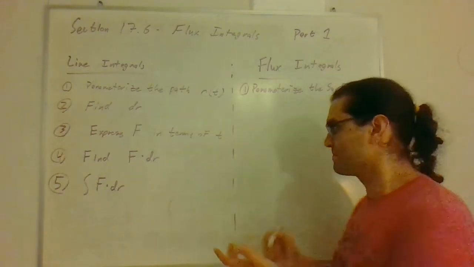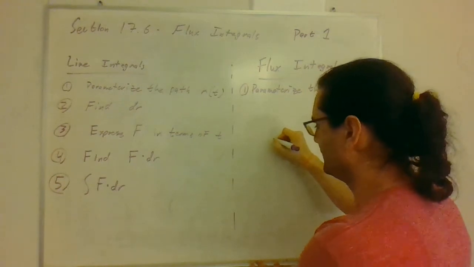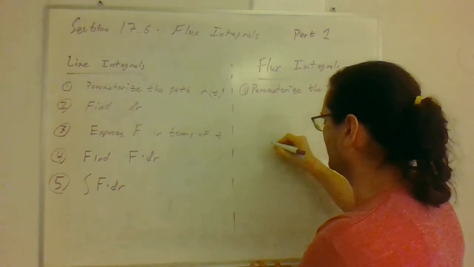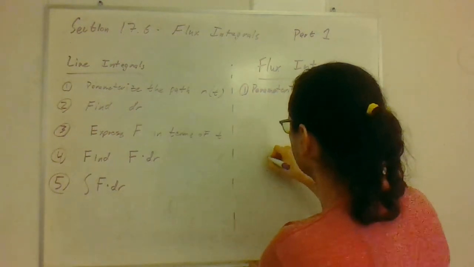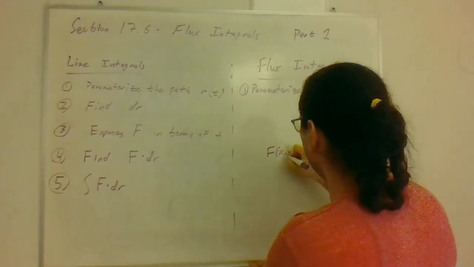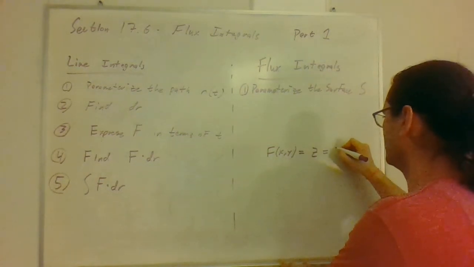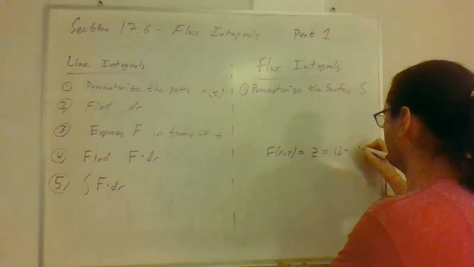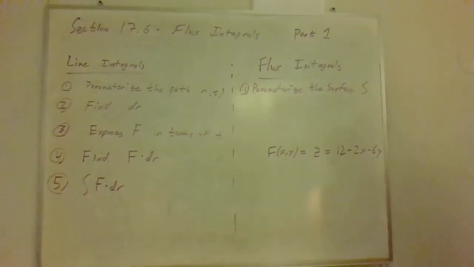Like if you have a surface, like we did a couple of volumes of tetrahedrons when we were doing chapter 16. So we had surfaces like f of x, y was z equals 12 minus 2x minus 6y or something, right?